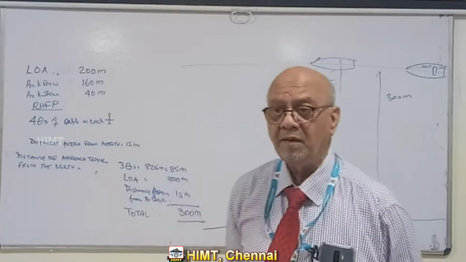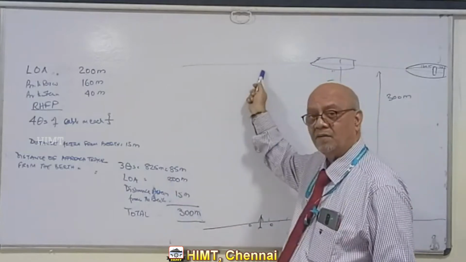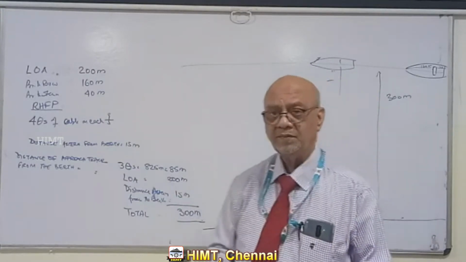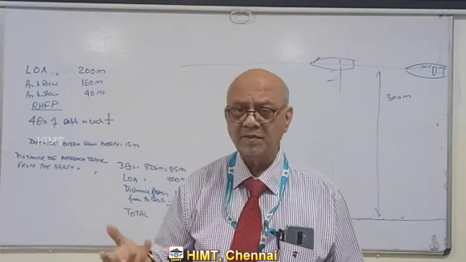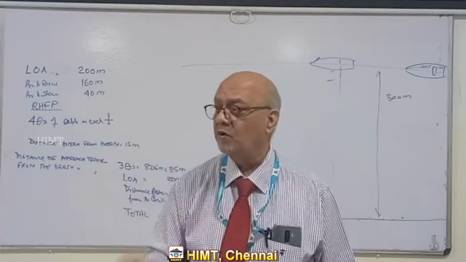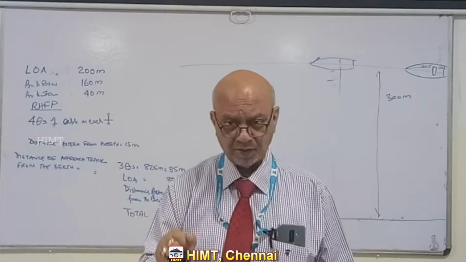So I am going to lay 1 shackle here and 1 shackle here. That means the minimum I should drop is 2 shackles in water. 2 shackles should be in water.